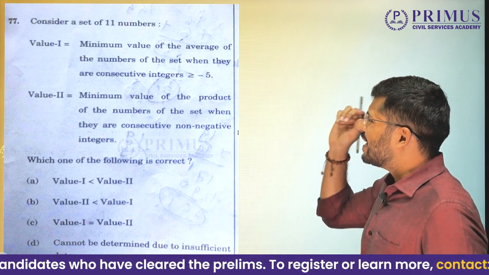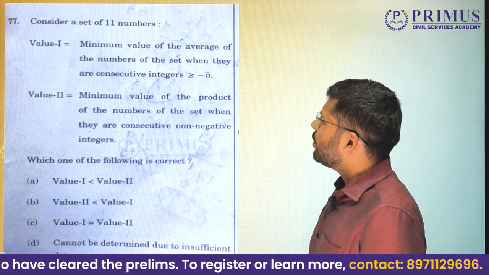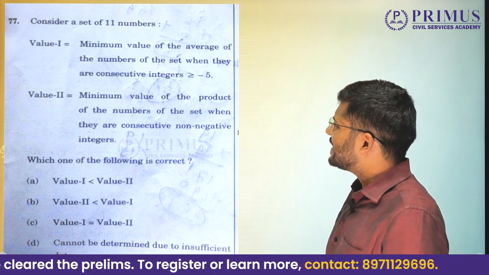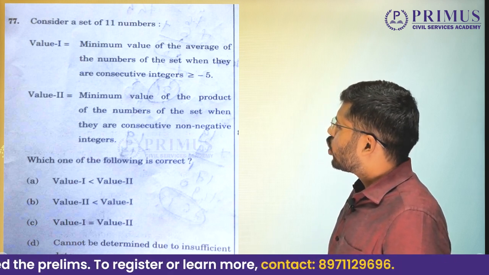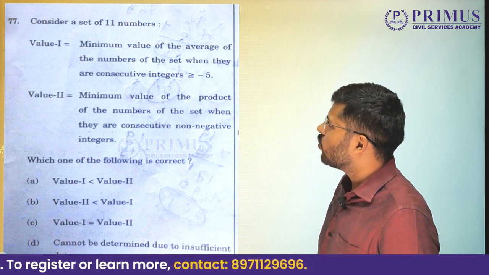Consider a set of 11 numbers. Some 11 numbers we need to consider. Value 1: minimum value of the average of the set when they are consecutive integers greater than or equal to minus 5.